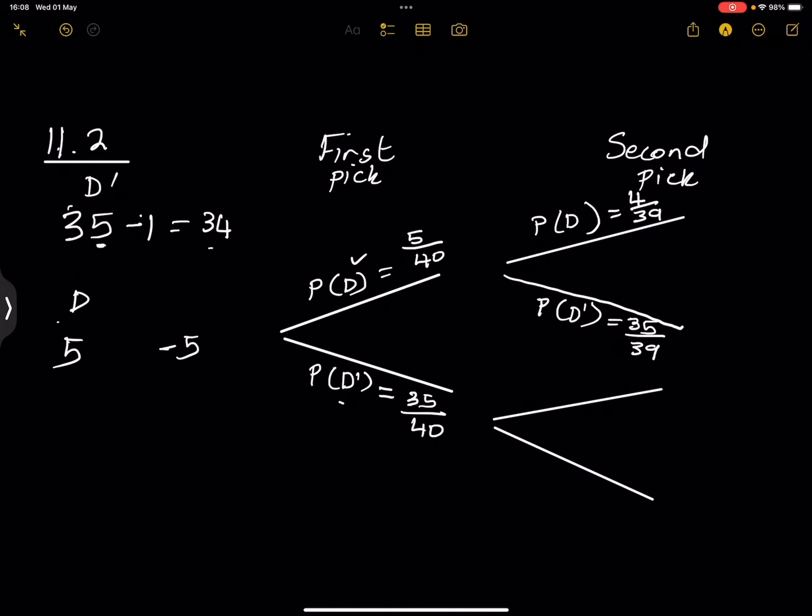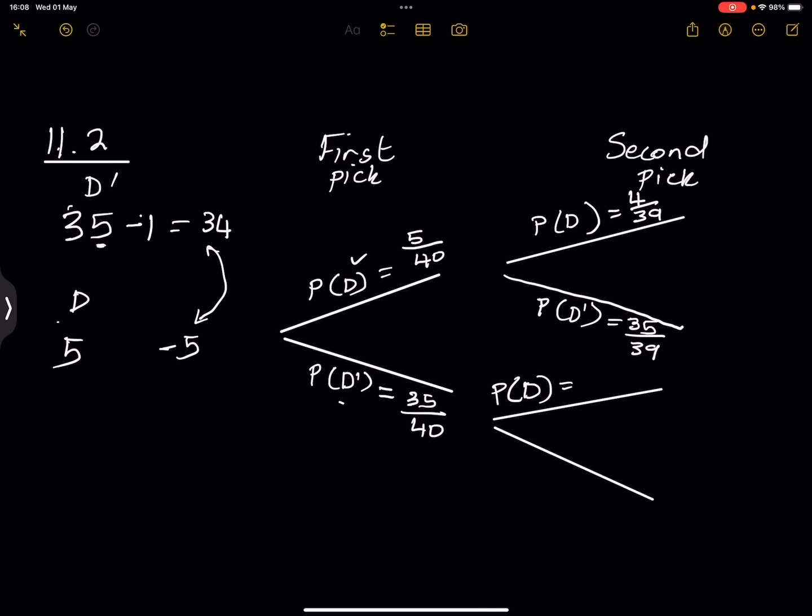So how many in total? That would be 39. And the ones that are not defective are 34 out of that 39. I hope that makes sense. So that would be 34 over 39. This is the probability of picking not defective. In fact, just for consistency, let's start with the defective ones.